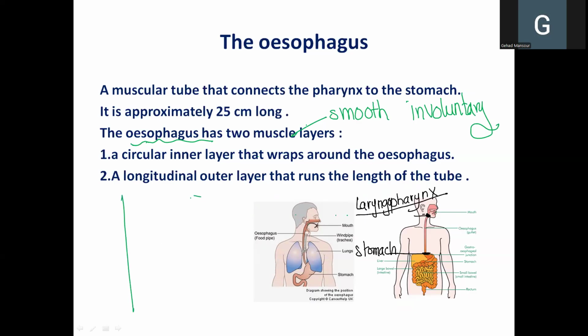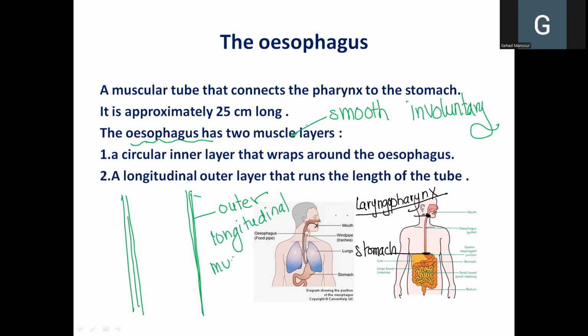So if this is the esophagus wall, then we have longitudinal muscles like this, where the muscle cells are elongated, and this is outer. So we have an outer longitudinal smooth muscle layer.